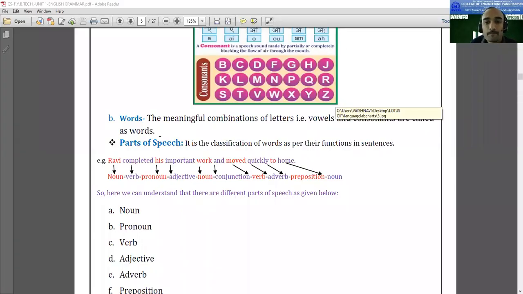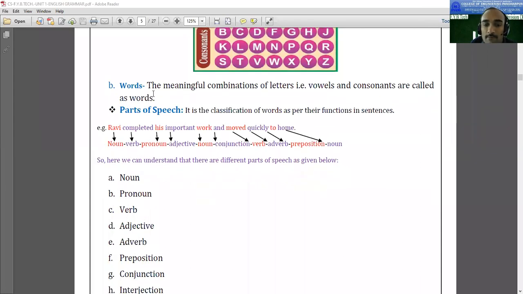Okay, let's move towards the words. What are words? A word is a meaningful combination of letters, that is vowels and consonants. So words are the meaningful combination of letters. जेव्हा आपण एखादं लेटर आहे ते मीनिंगफुल कॉम्बिनेशन मध्ये लिहितो. फॉर एक्झाम्पल, कॅट, C-A-T, cat.